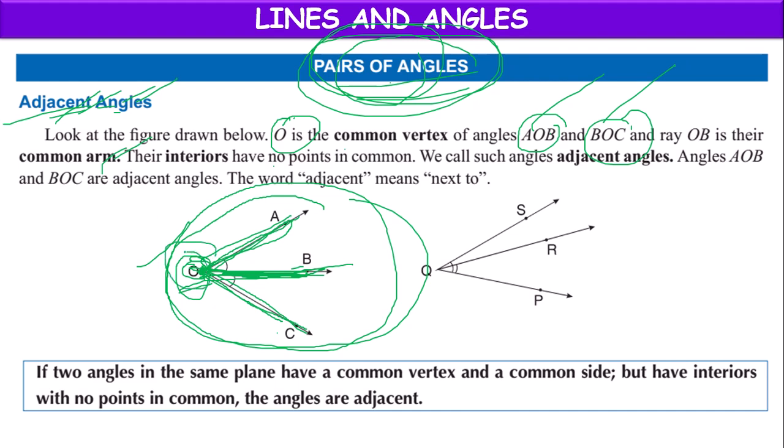Means they have a common vertex and one common arm.